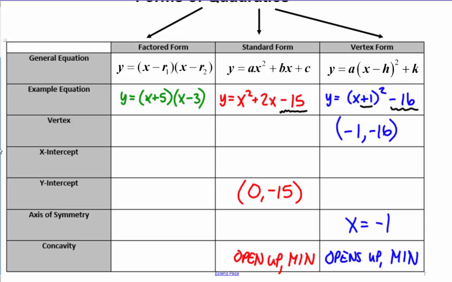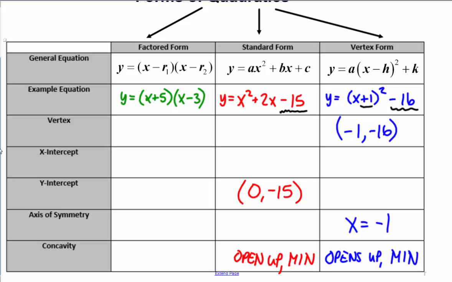Now, if we go all the way over to factored form to figure out what information that gives us, the easiest things that we can say are that it tells us what our x-intercepts are. Now, our x-intercepts are always the opposite values of what we see here in our factored form equation. We can get these by setting each of these separately equal to 0.